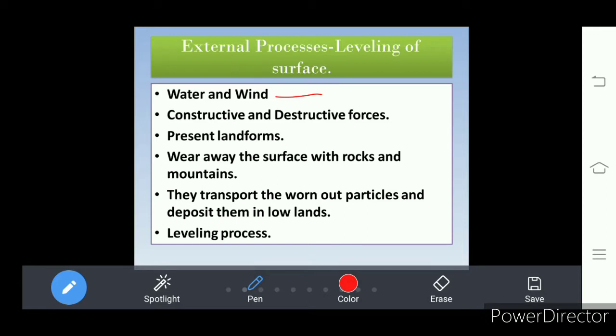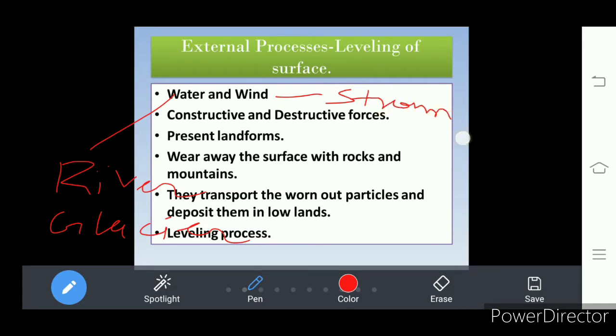Here, water means it is a river, in the form of a glacier, groundwater. Okay, all these are the forms of water. Wind means it is a storm, in the form of a storm and gust.